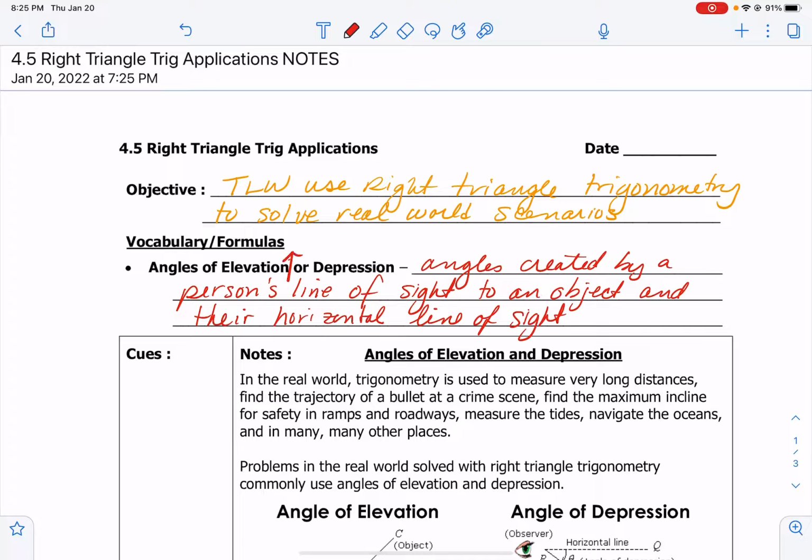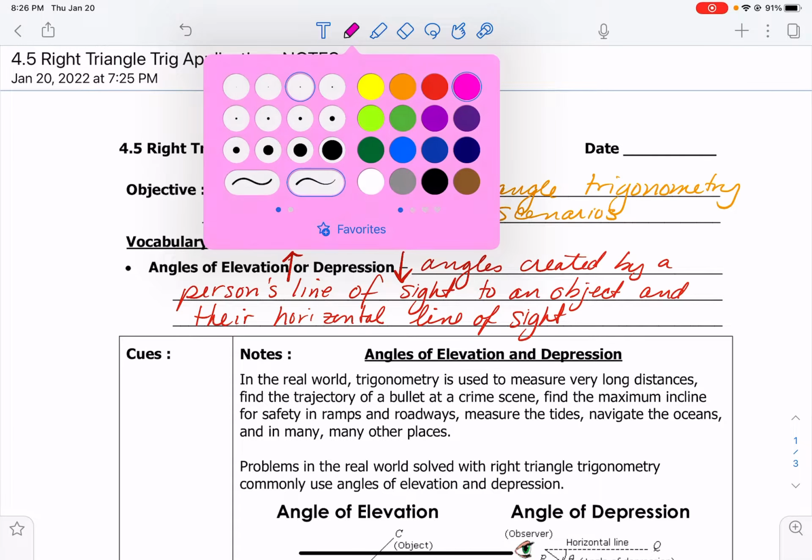Elevation means up and depression means down. So we're looking up and down at different things.